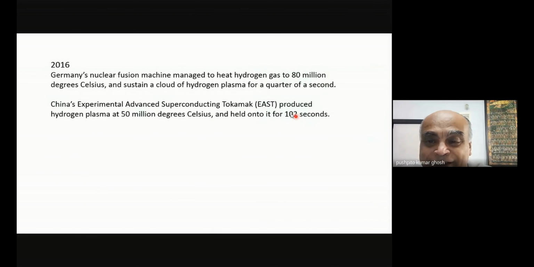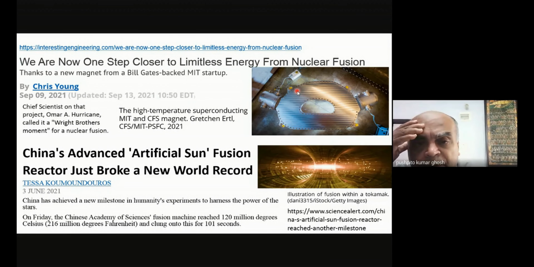In other words, they were able to stick to this time, and they could increase the temperature from 50 to 120. And compared to the German result, they improved from 80 to 120 million degrees, and from a quarter of a second to 120 seconds. It's just phenomenal. So it's moving with lightning speed.